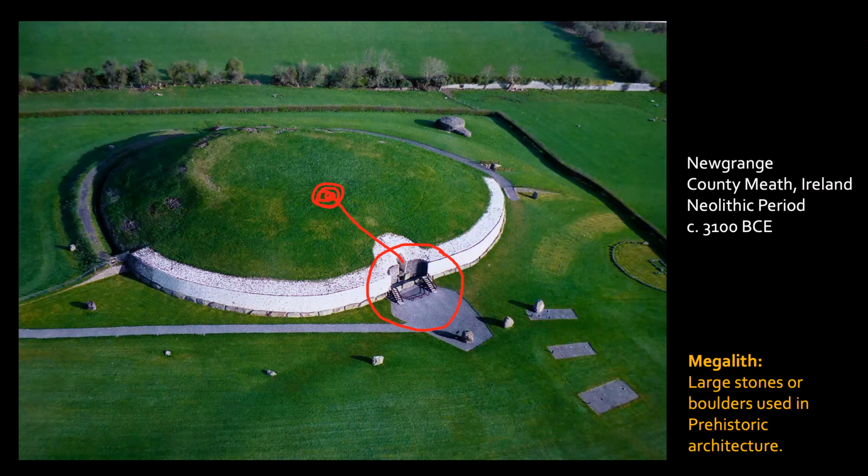Now, we should also think of this as a type of tomb. There are many of these circular communal graves throughout Ireland. Newgrange is the example of them we're going to look at, but there's over 500 sites like this documented across Ireland. So this was a type of structure that was built in the Neolithic period in Ireland.